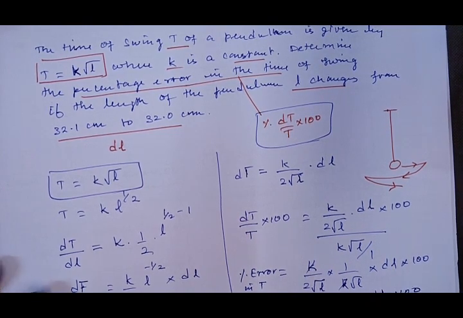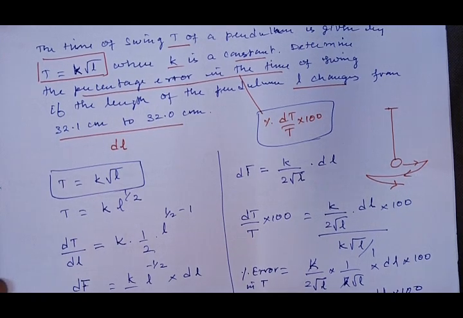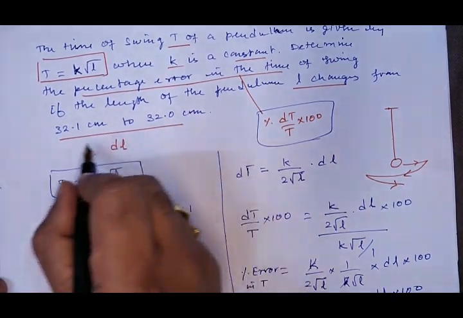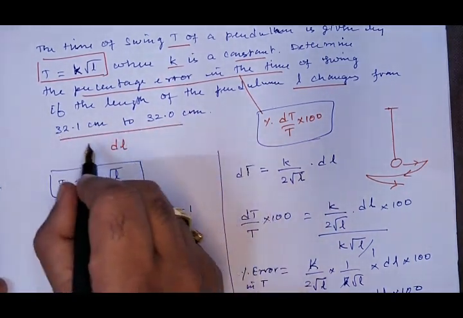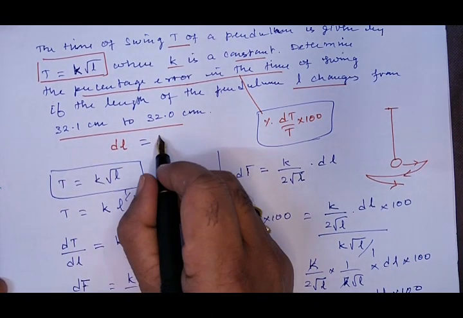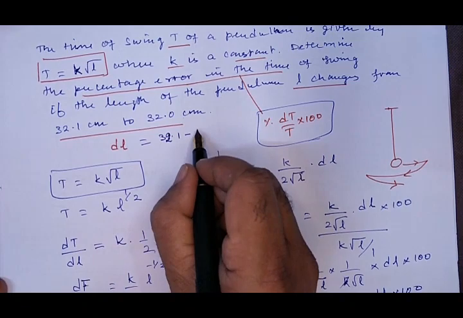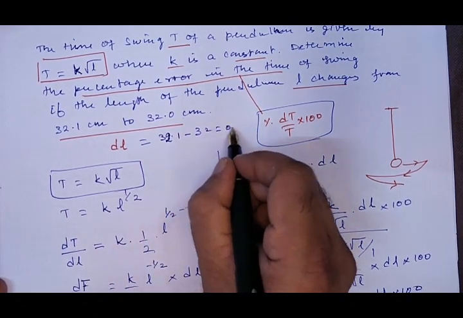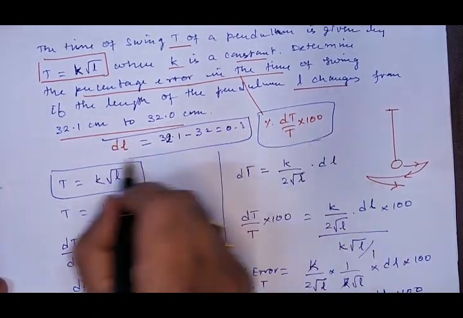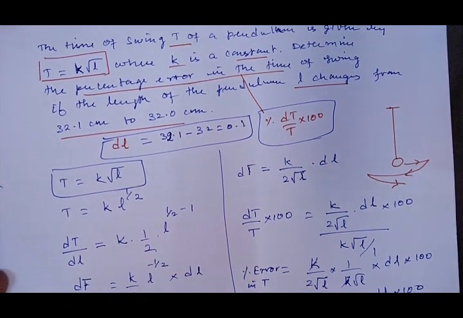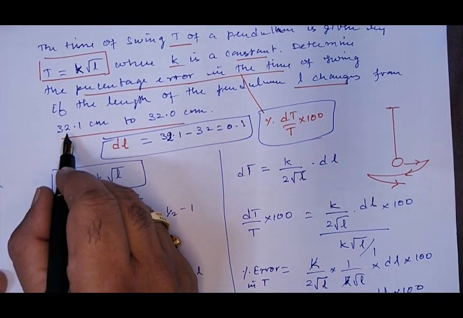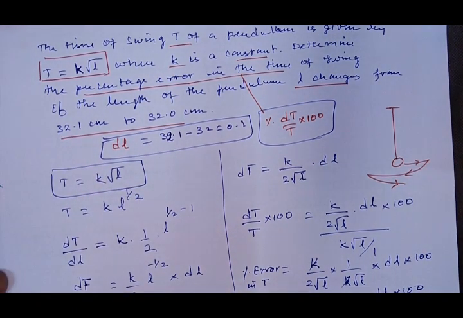The change in length, that is dl, is 32.0 minus 32.1, that means 0.1. So this is the dl. We can replace this, and L is the original length, 32.1.